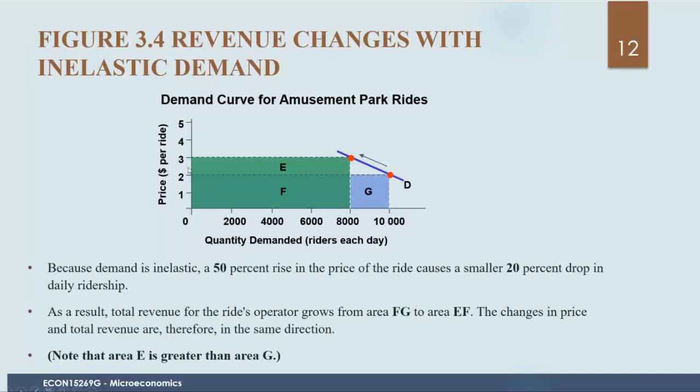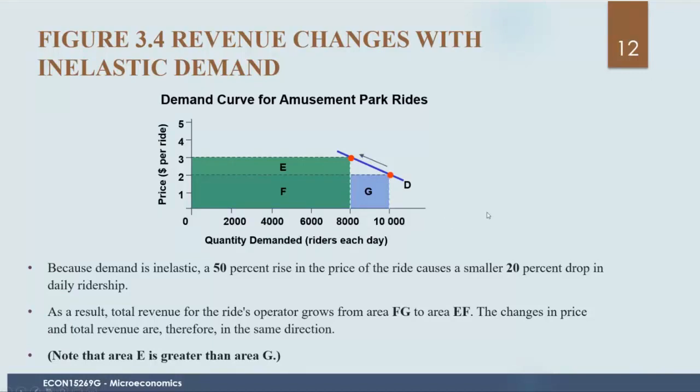So on the first 8,000, we're going to gain this area E, but we're going to lose out on this amount of sales, which is area G. Okay, and in this case here, we'll still have an increase in revenue because area E is greater than G. So in the previous case, when we had elastic demand and we lowered the price, we were able to increase our revenue. If we have inelastic demand and we increase our price, we're able to gain revenue.